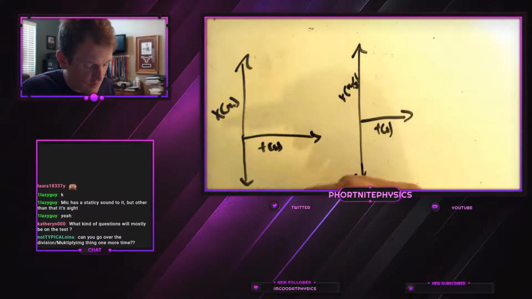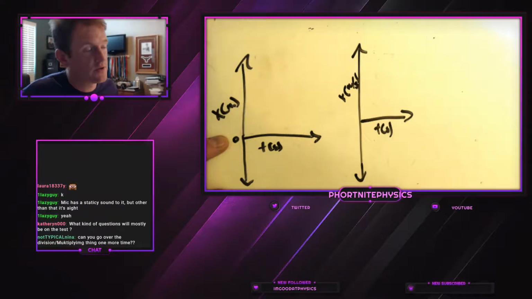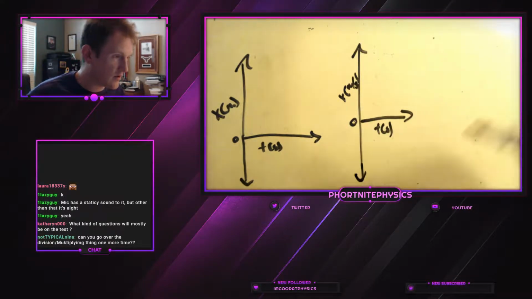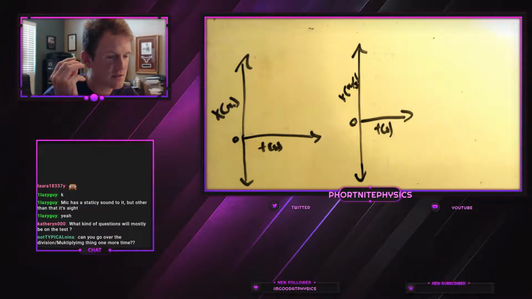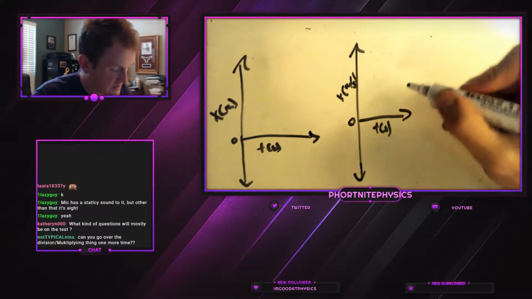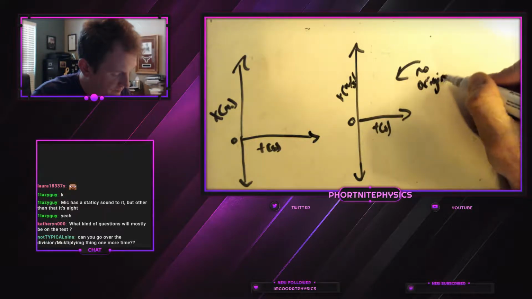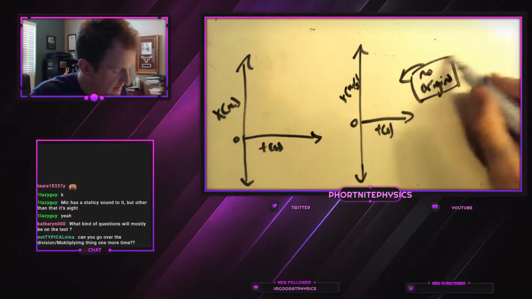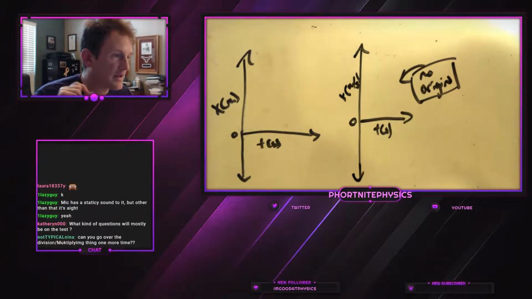So right here is our origin on a position versus time graph. Right here on a velocity versus time graph is in fact just the zero velocity. Okay, the origin does not appear on here. No origin appears on a velocity versus time graph, but it does appear on a position versus time graph.